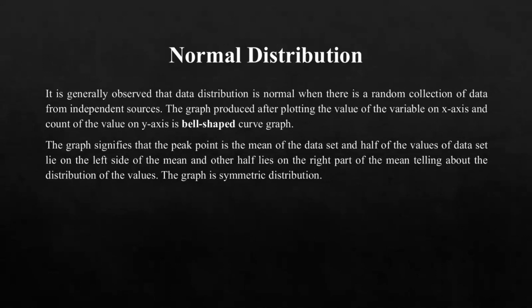The graph signifies that the peak point is the mean of the dataset, and half of the values of the dataset lie on the left side of the mean and the other half lies on the right part of the mean, telling about the distribution of the values. The graph is a symmetric distribution, just like I have mentioned earlier.